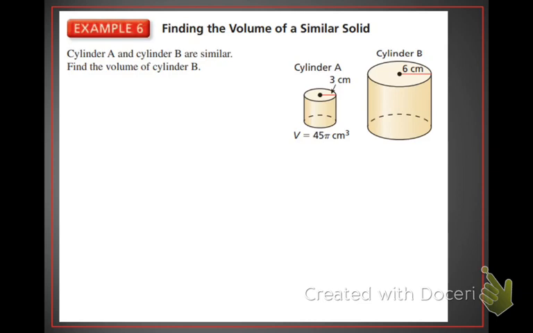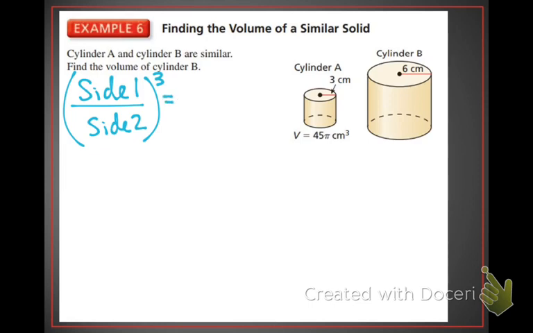Cubing it. So it's going to be the same exact thing. So we're going to write down that formula. We're going to do the side from the first over side from the second, cubed, equals the volume from the first over the volume from the second.